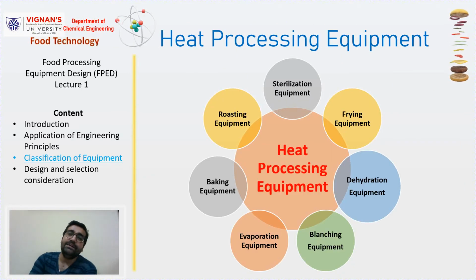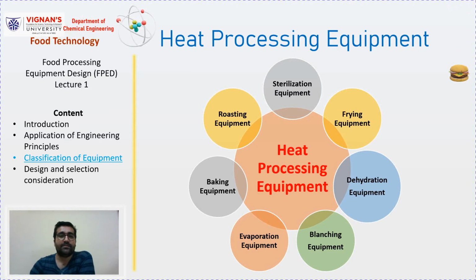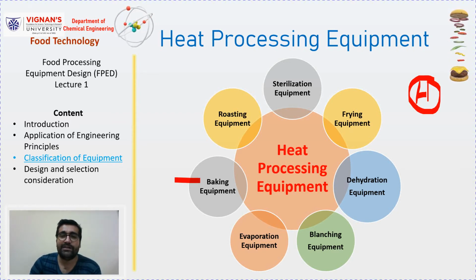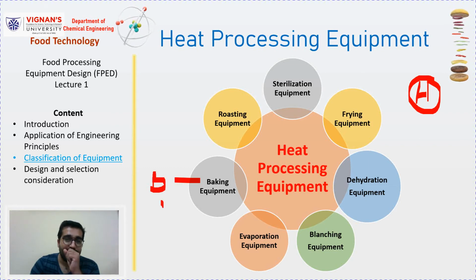So next comes heat processing, in which heat is involved. Those equipment are known as heat processing equipment. Baking equipment can be a perfect example, like baking ovens, in which we need a lot of temperature.